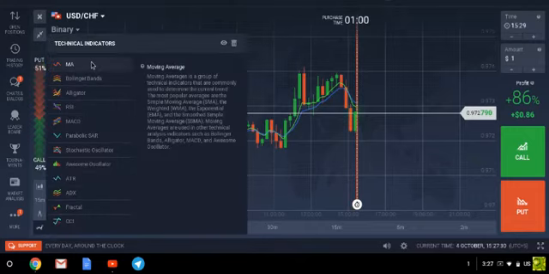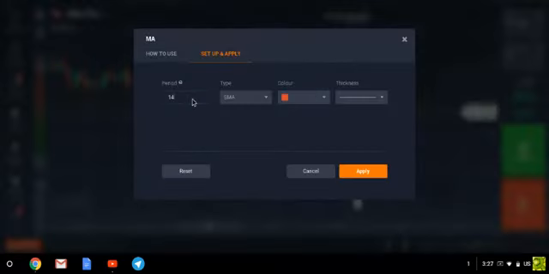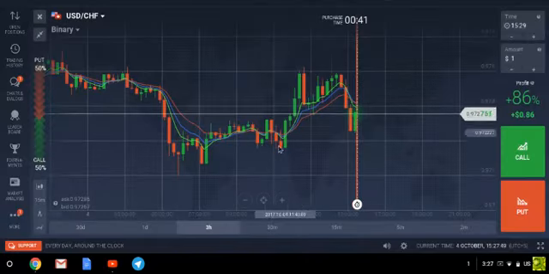Now another moving average, a 13-period moving average, and again EMA. I'll put it as red because I'm used to using the 13-period moving average as red.